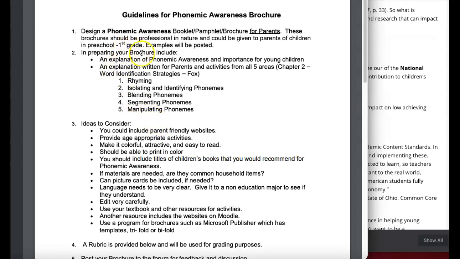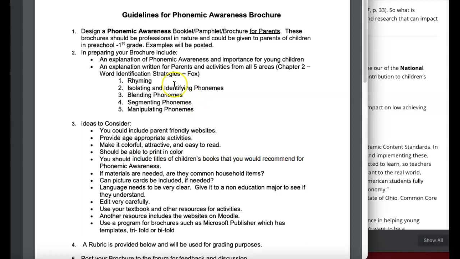In preparing your brochure, you need to include an explanation of phonemic awareness and importance for young children. You need to include an explanation written for parents and activities from all 5 areas: rhyming, isolating and identifying phonemes, blending phonemes, segmenting phonemes, and manipulating phonemes.